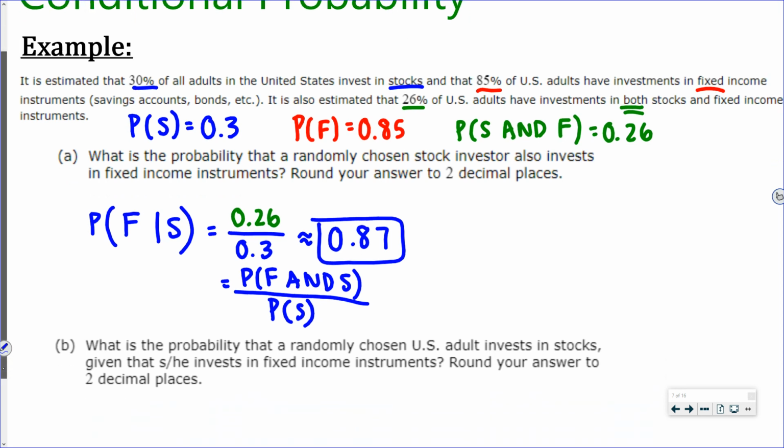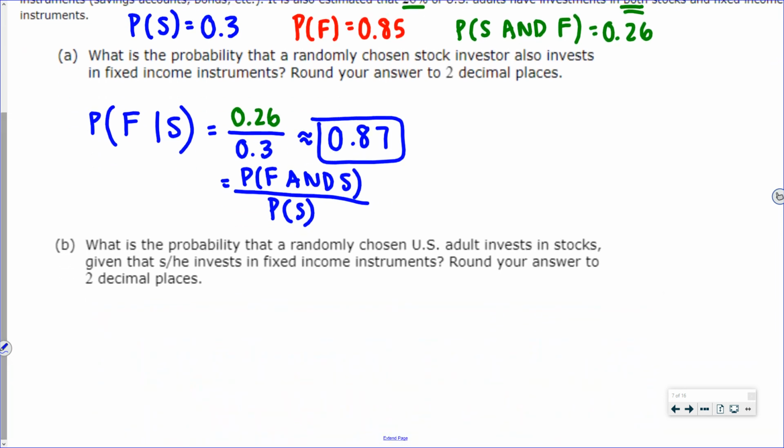If that formula helps you set these up, you can do that too. Okay, so this one's a little bit different, the next one. What's the probability that a randomly chosen U.S. adult invested in stocks, given that he or she invests in fixed income instruments? Okay, so now I want to know the probability that my randomly selected one is involved in stocks, given that they do have that fixed income instrument already.